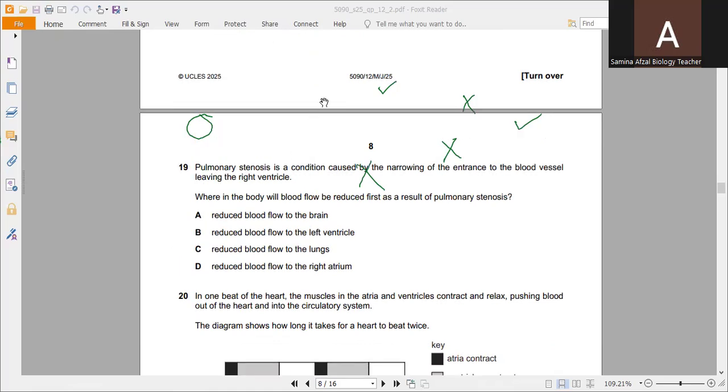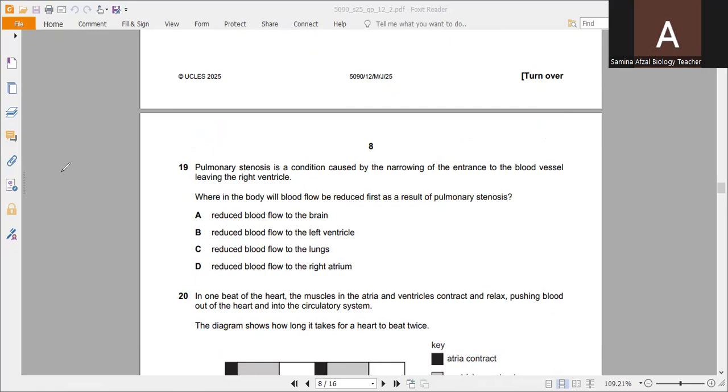Pulmonary stenosis is a condition caused by the narrowing of the entrance of the blood vessel leaving the right ventricle.